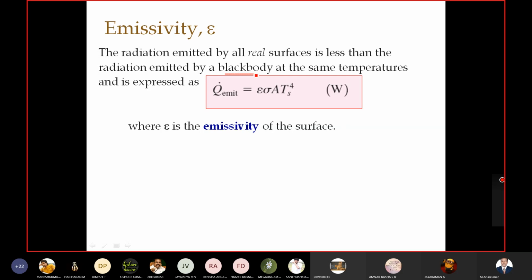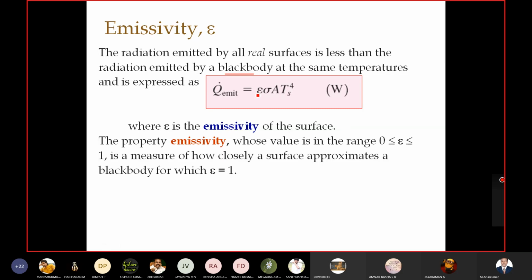Only a black body has 100% emissivity compared with real surfaces. Because of that we have to introduce the emissivity value in the equation. Here epsilon is the emissivity of the surface. The property emissivity, whose value is in the range 0 to 1, is a measure of how closely a surface approximates a black body, for which epsilon is equal to 1.